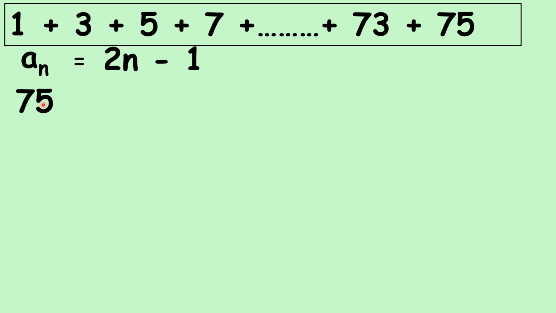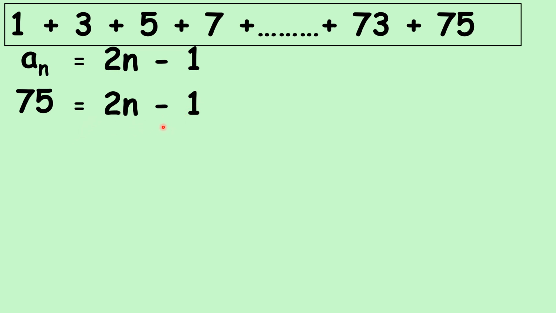But the nth term we have in this particular case is 75. But we'll need to equate it to 2n minus 1 in order for us to solve for n. Now, what we'll do is to group the like terms. So we have 75 is equal to 2n minus 1.